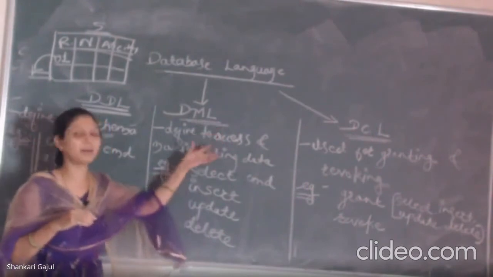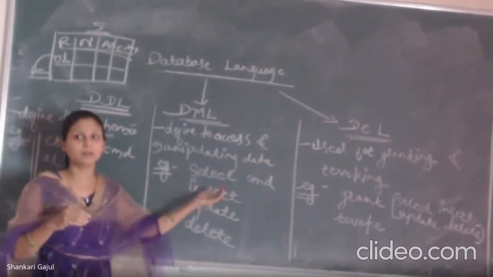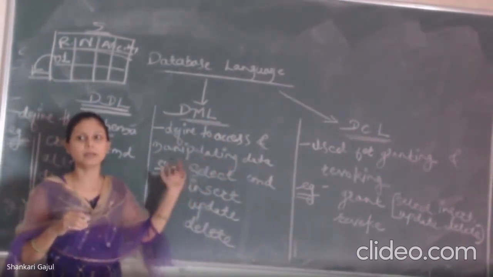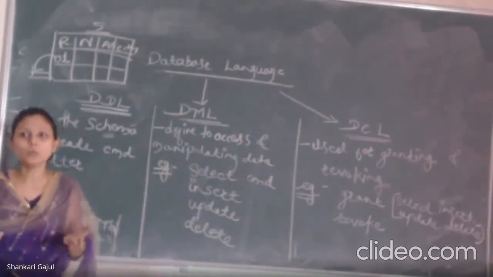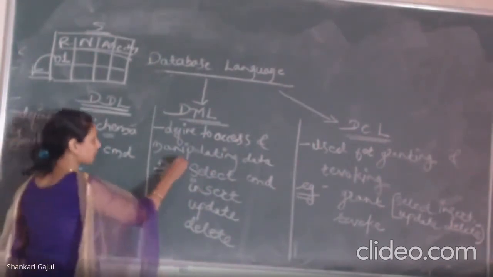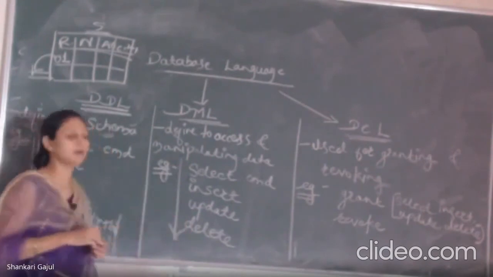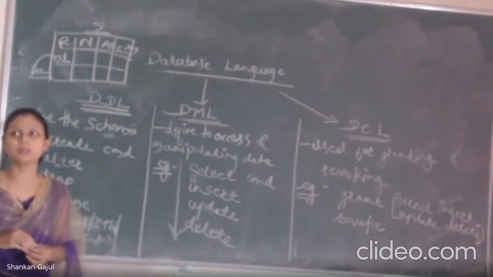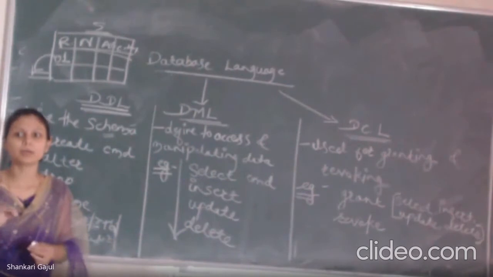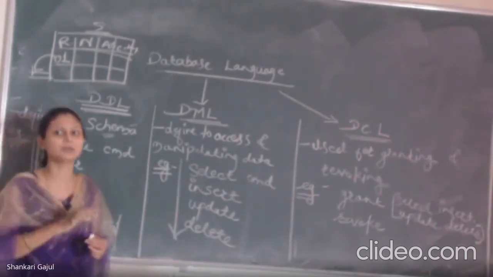So it is used for accessing, retrieving as well as manipulating the data into the database. So how we will do that? By using this kind of commands, we are manipulating the particular operations into the database.